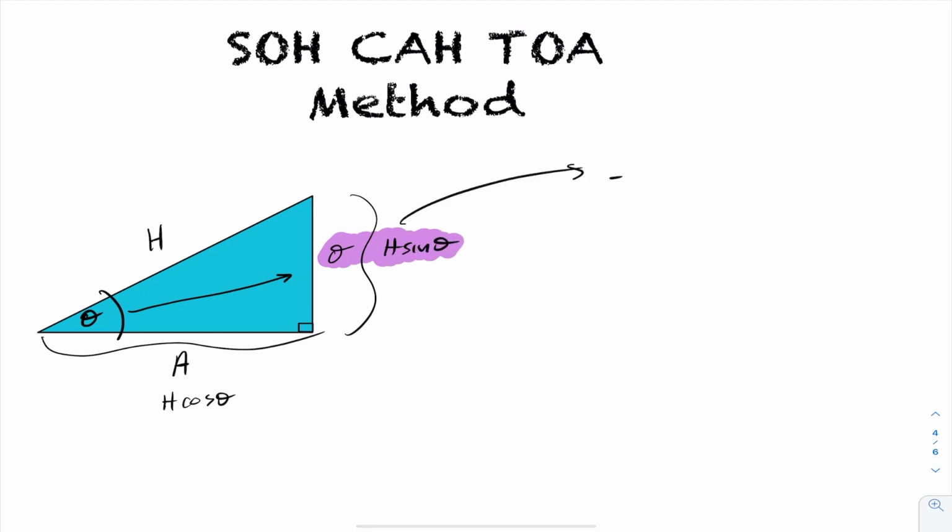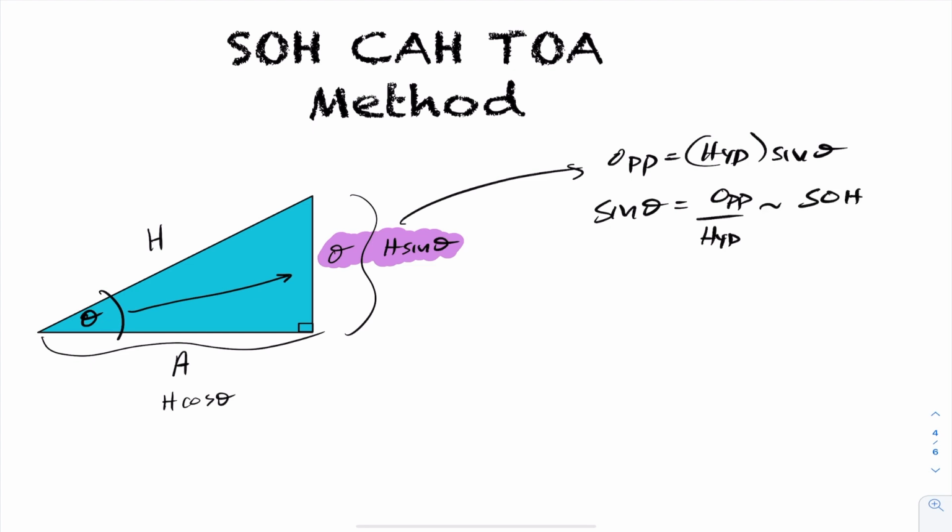So equating these two here, my O stood for my opposite, and H stood for my hypotenuse, and I multiply that by sine theta. So in this case here, your sine of theta is going to equal your opposite over your hypotenuse, which we can abbreviate as SOH. The sine of your angle is equal to your opposite over your hypotenuse.